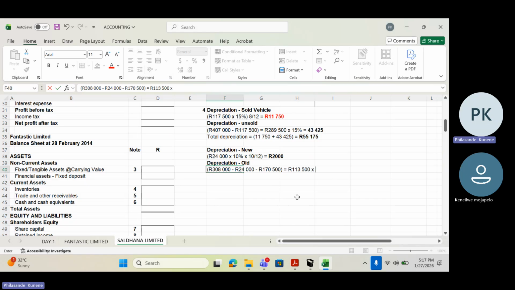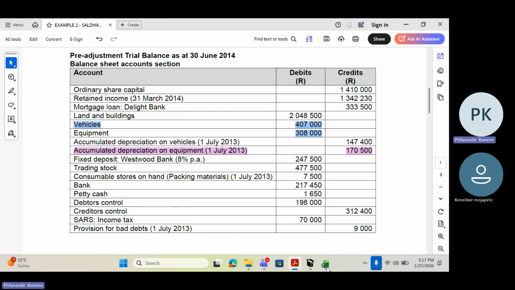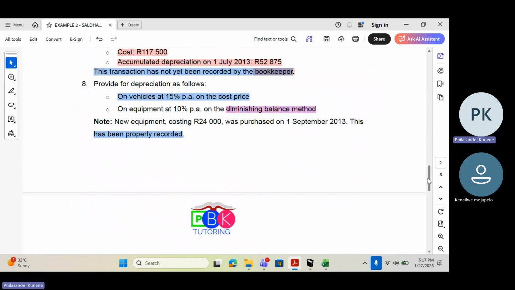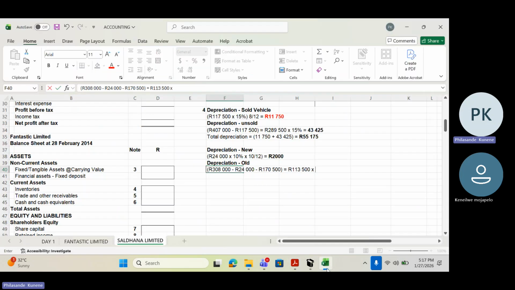And then I multiply it by how many percent? 10%. Then we say multiply by 10%. And then do we have to apportion this one? No, because it's an old one. We don't have to. Yes, you are correct. Then how much is our depreciation?